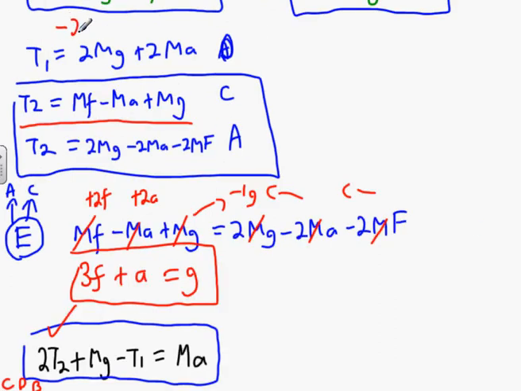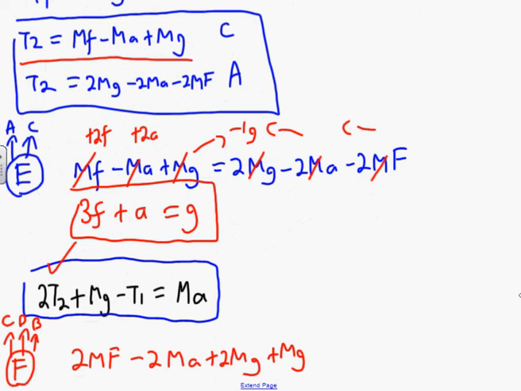Minus T1 is minus 2mg minus 2ma. Okay. So that part is done. The mg is there. The minus T1 is there. Now I have to do the ma. Now, I've done my job right.